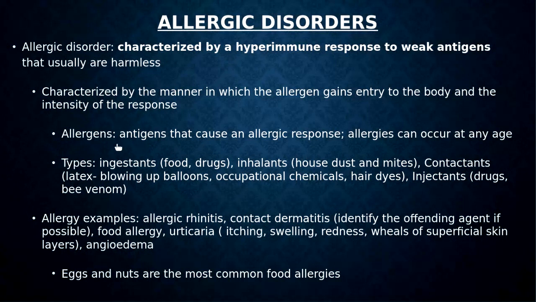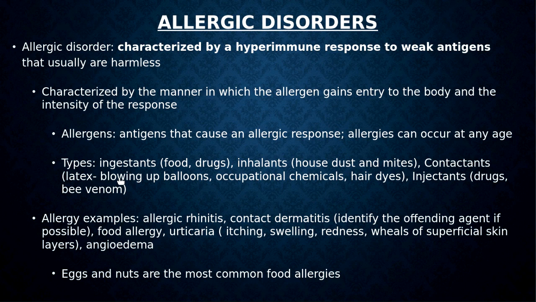It's characterized by allergens and antigens gaining entry to the body and causing an allergic reaction, and an allergy, as we know, can occur at any age. Types of allergies, we've already been through this.